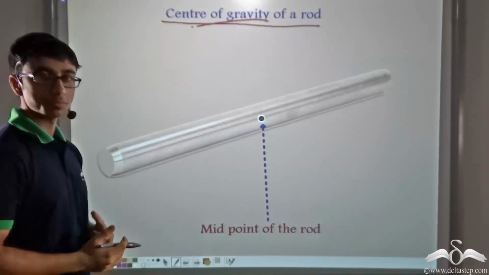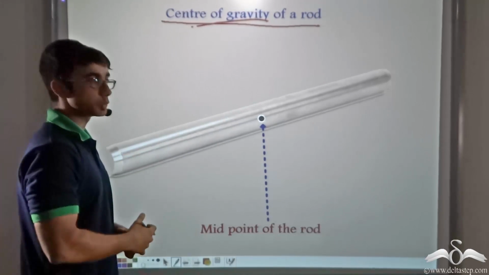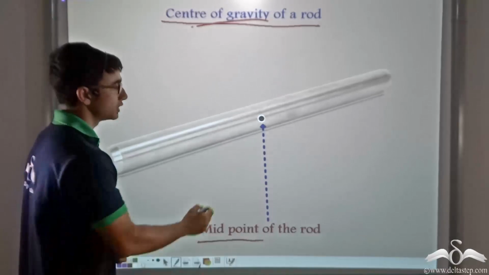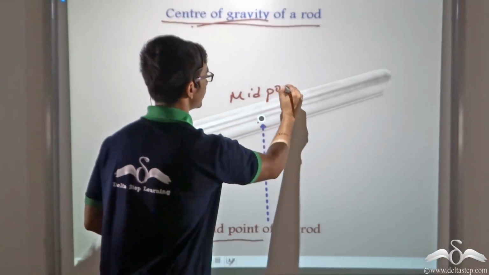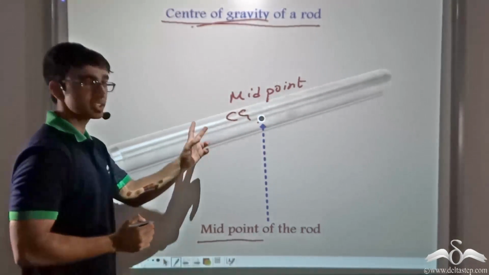Now these are regular objects, like you can see a rod. Now this cylindrical rod will have a center of gravity at its midpoint. So this point, which is the midpoint of the rod, will be its center of gravity or its CG.